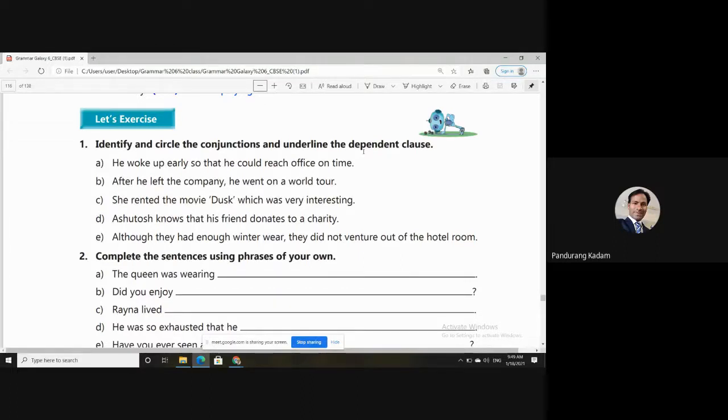Circle the conjunction and underline the dependent clause. Please, oral answer will not be accepted. Only go in the chat box and suggest your answer. He woke up early so that he could reach office on time.